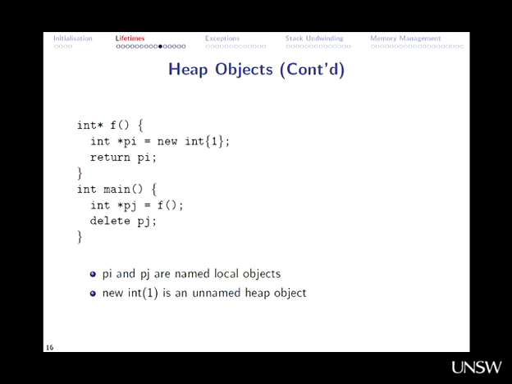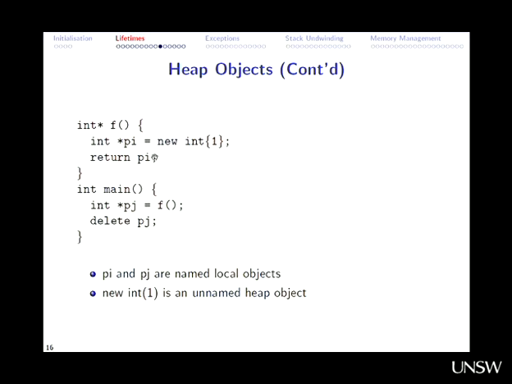So I've got an example here. Inside main, I create a pointer to the thing that f is returning. F is returning a pointer. Inside f, I create a second pointer to a new int. This pointer is the thing that's returned.